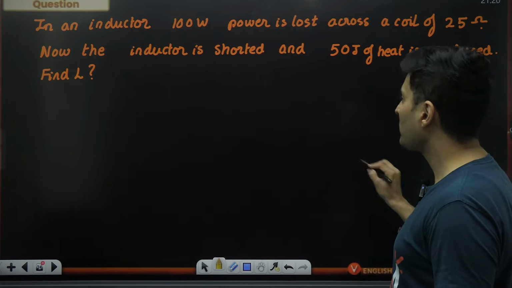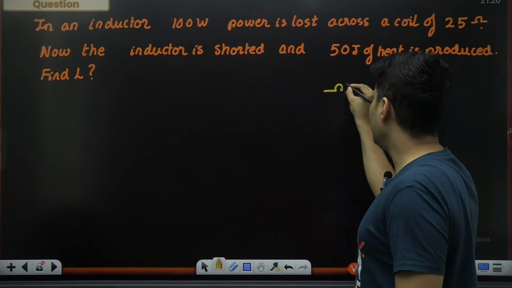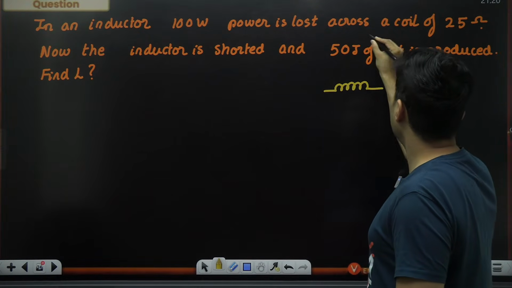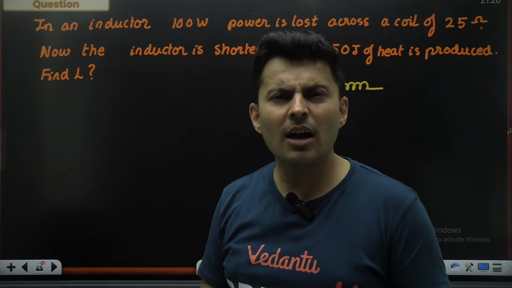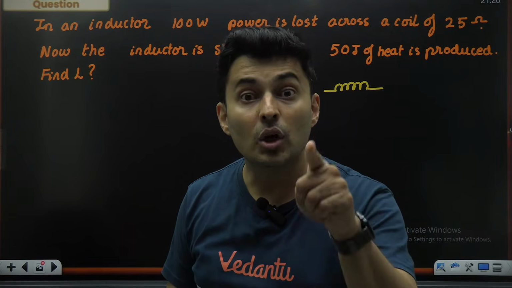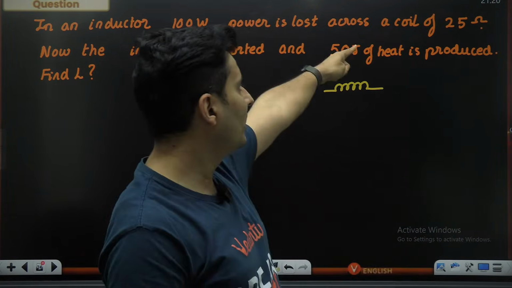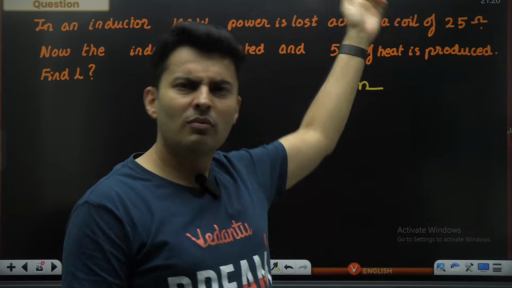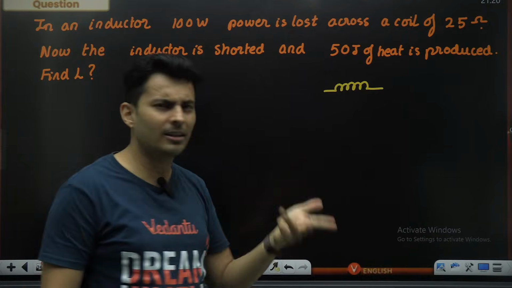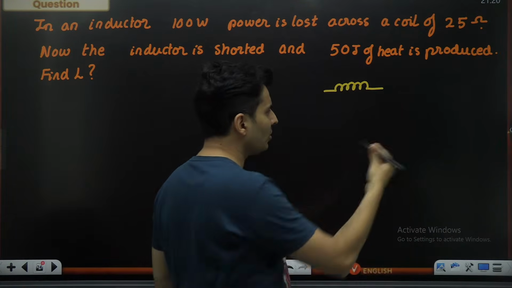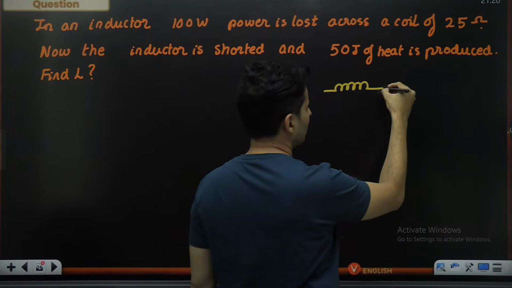That will be better. See, there is this inductor and it is having some power loss. Why will it have power loss? Because of resistance. Coil resistance is 25. Where is that resistance? It's an internal resistance, but always internal resistance can be shown as an external resistance, like for a battery, we show internal resistance slightly outside. That's okay.